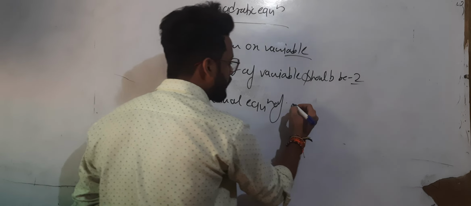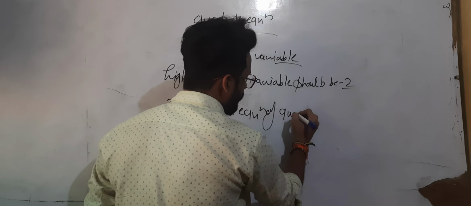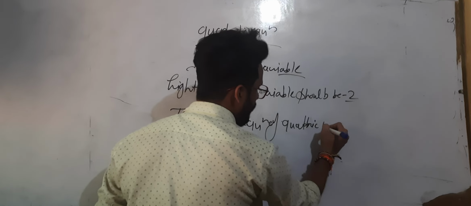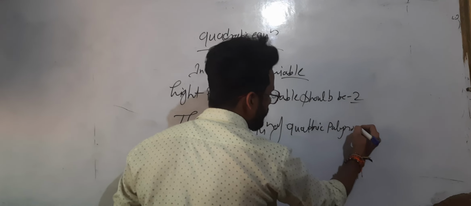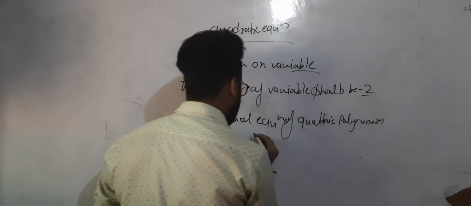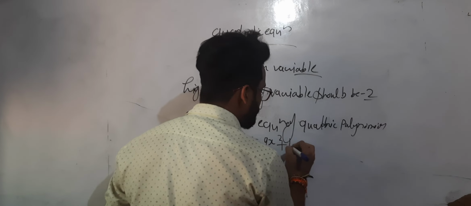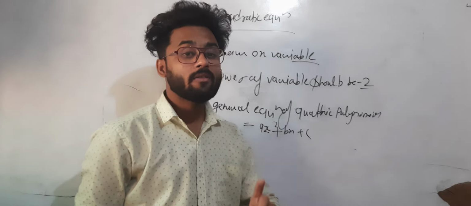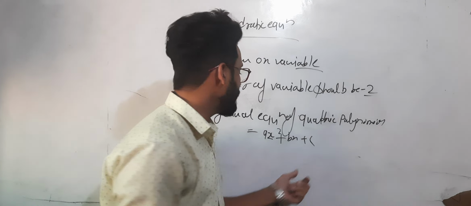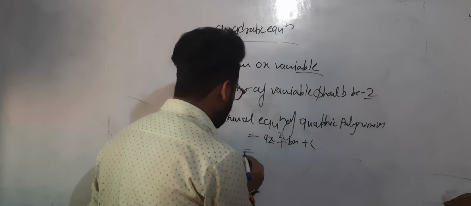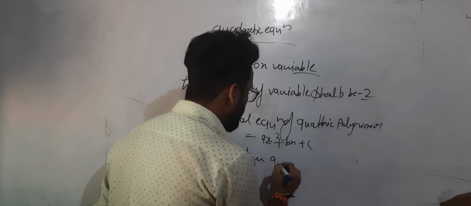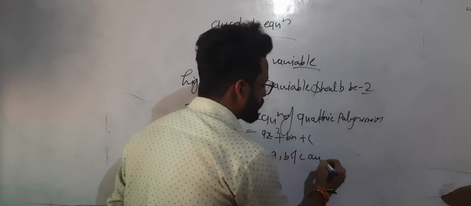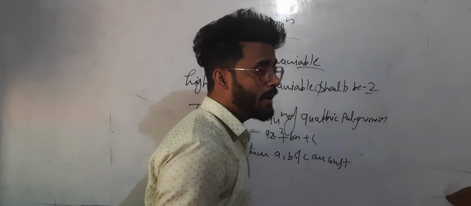So the general form of a quadratic polynomial is ax square plus bx plus c. It should be noted that x is the one variable, and a, b and c are constants.